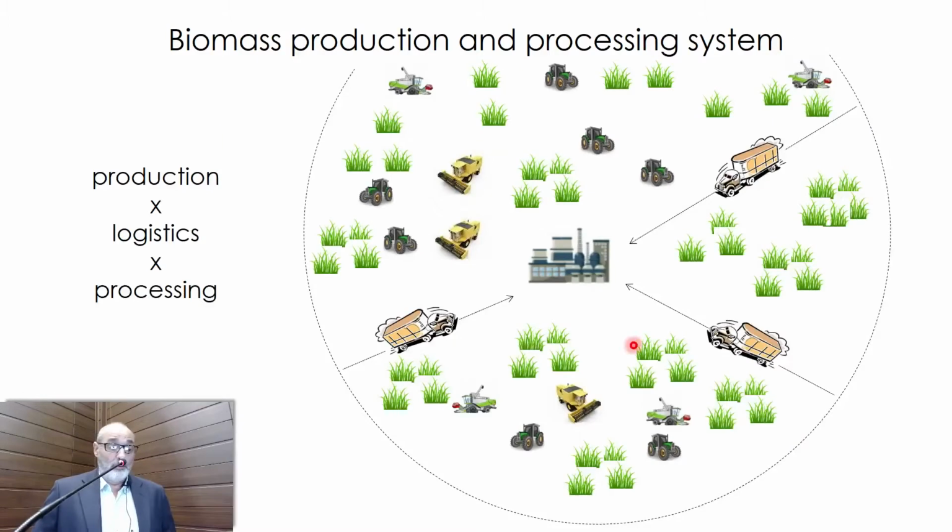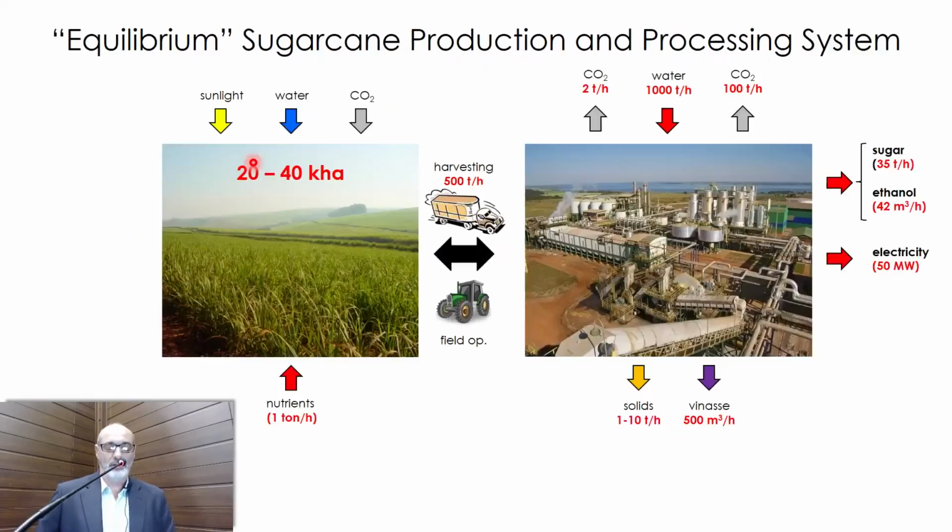Well, this agro-industrial system, if we look at it in detail, what is it? It's a cultivation area, an industrial unit, and a logistic problem. So you have these three classes of problems to deal with. And we know that this is mature technology. First generation here in Brazil is already mature.